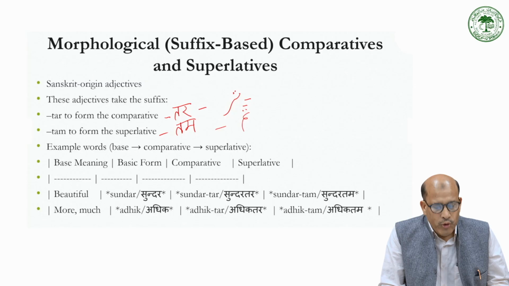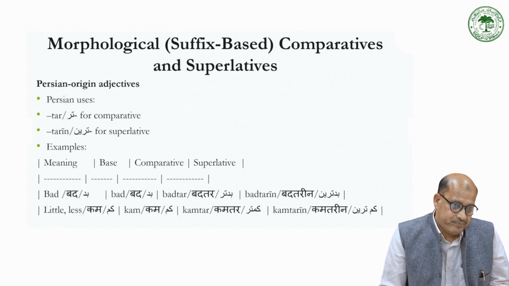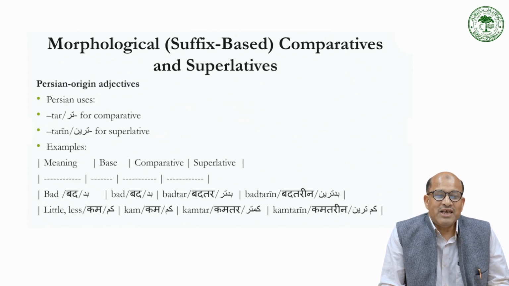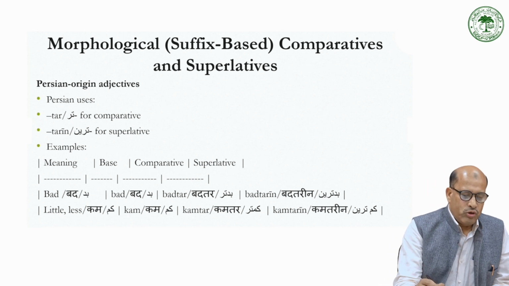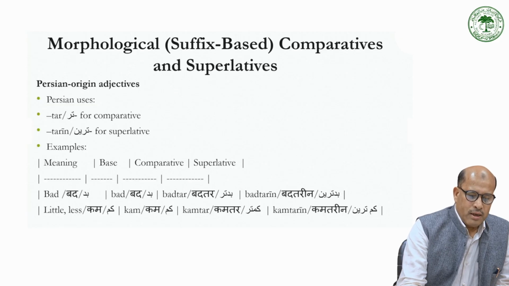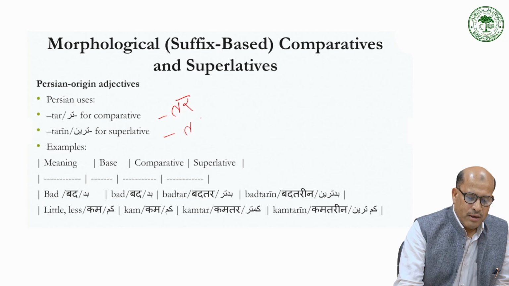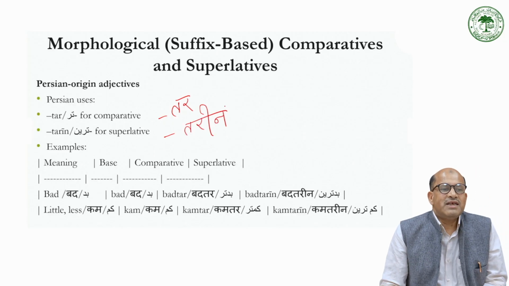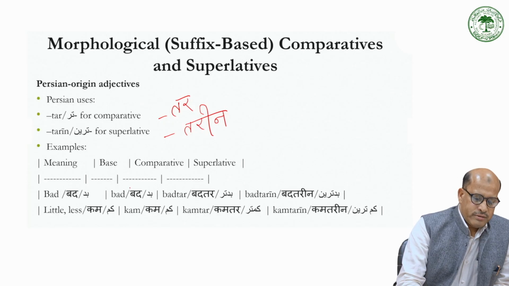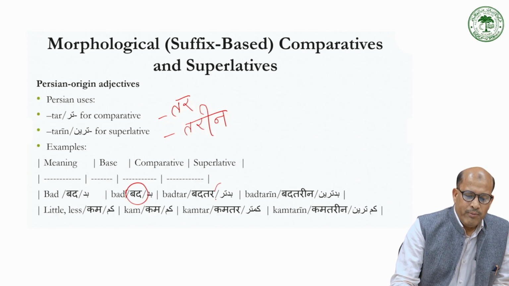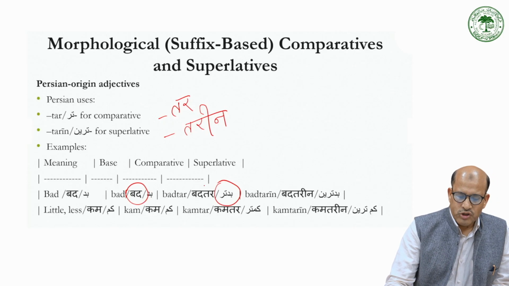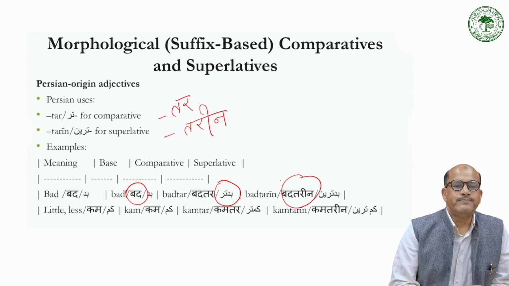In the same way, we have for Perso-Arabic. In Persian origin adjectives, it uses tar and tareen. So in Hindi we use the same tar, but for superlative we use tareen. Now look at this, the word bad: for comparative badtar, and for superlative badtareen.